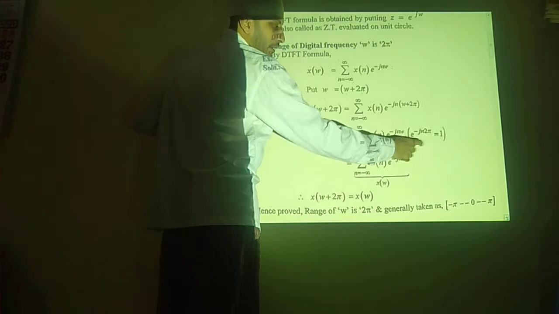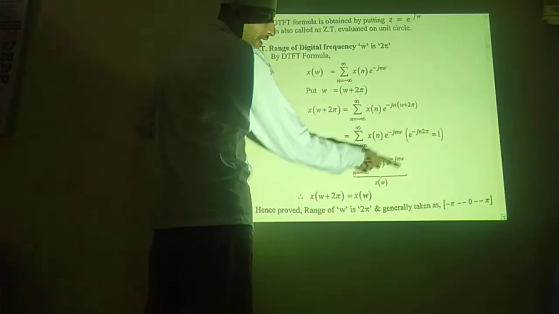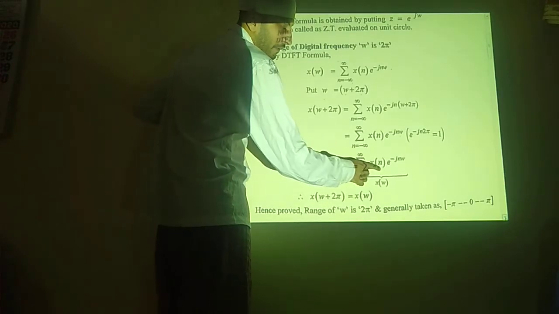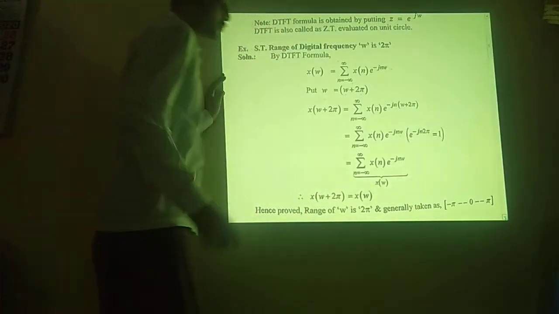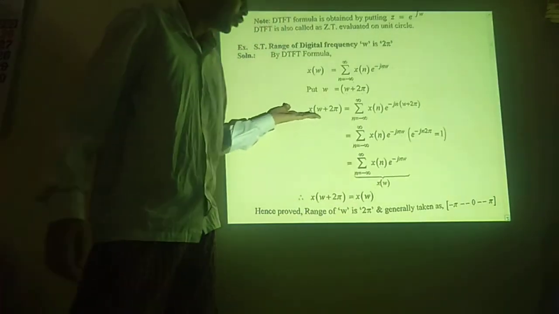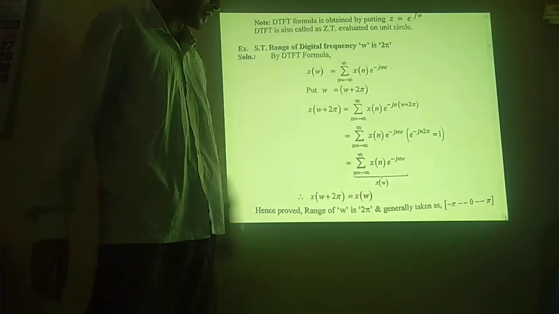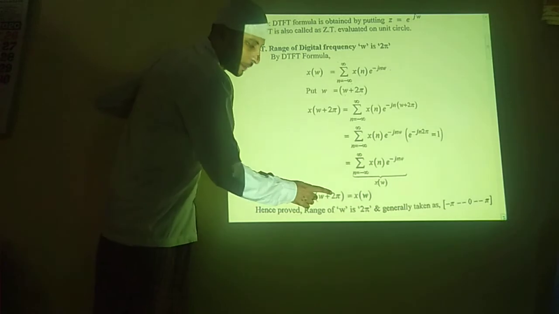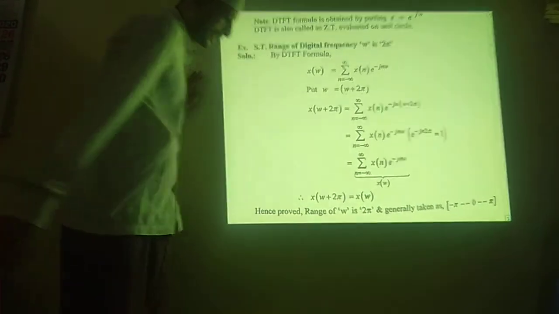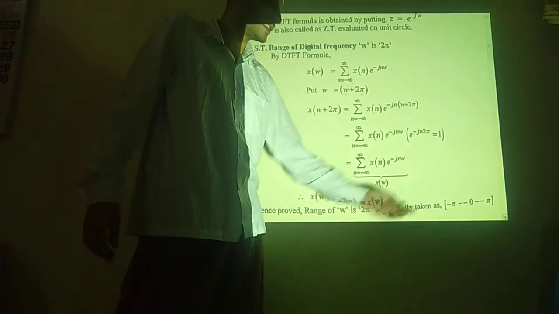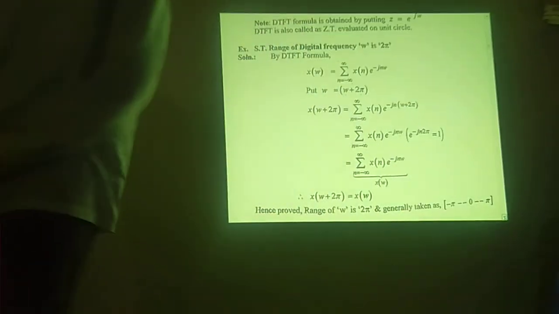Substituting that, the final answer is summation n equal to minus infinity to infinity x of n e raised to minus j omega n. So people, hence we have proved that x of omega plus 2 pi gives the same answer as x of omega. So x of omega plus 2 pi is equal to x of omega. Hence we have proved that the range of omega is equal to 2 pi, and generally it is taken from minus pi to 0 and 0 to pi and so on.